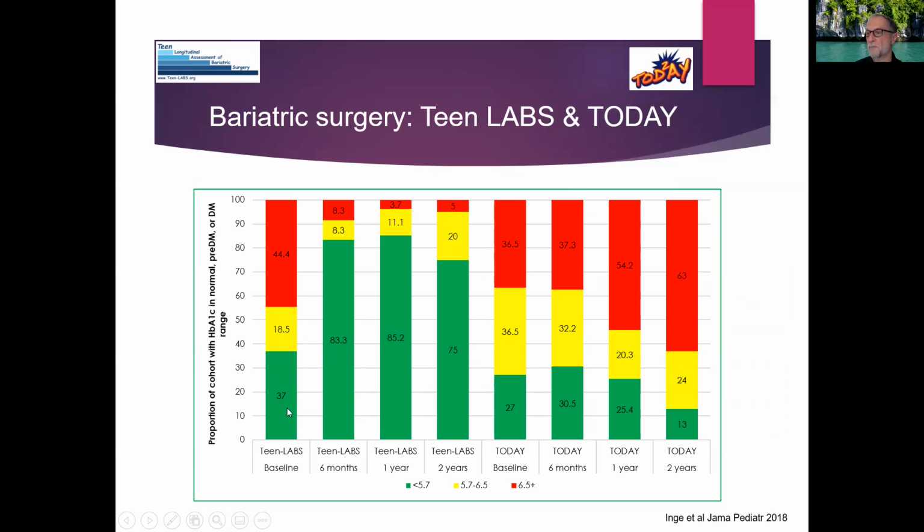A similar baseline, with somewhat more kids in that greater than 6.5 group, but over time, nearly all patients developing a non-diabetic hemoglobin A1C. So there is likely, until we are better at medical management, a place for bariatric surgery in the management of adolescents with type 2 diabetes.